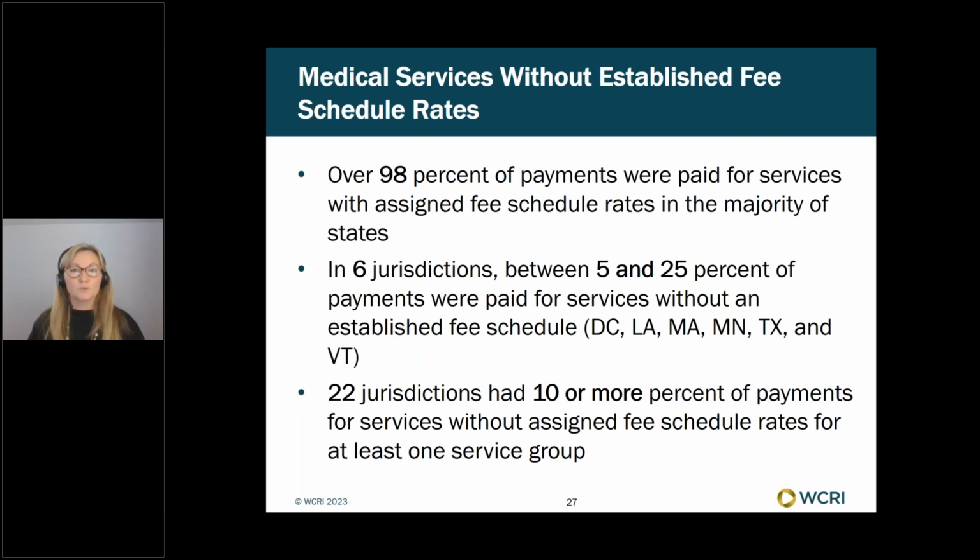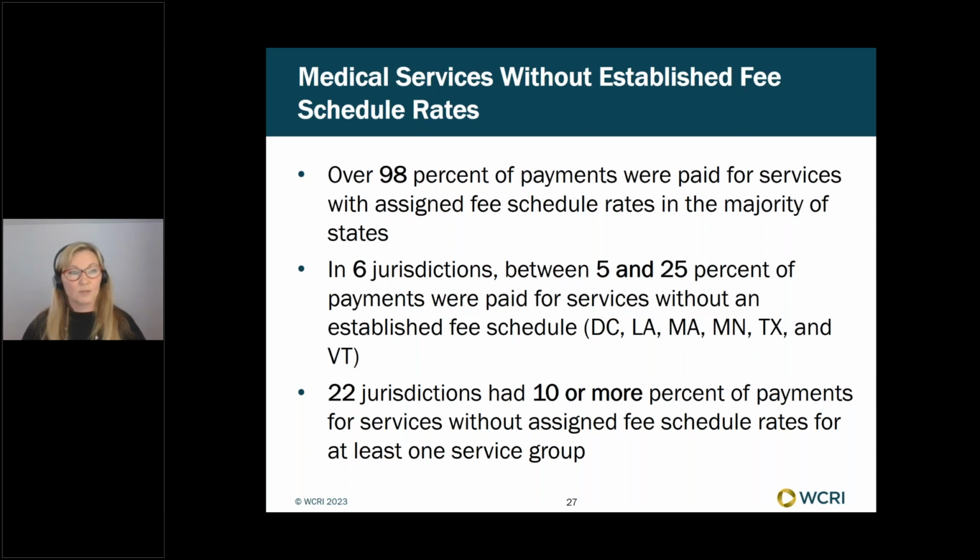In the report, we also provide a summary of medical services without established fee schedule rates for each state. You can find a detailed description of that in the report. But to give you a high-level idea, in most jurisdictions, over 98% of payments for professional services are paid for services with fee schedule rates assigned to them.